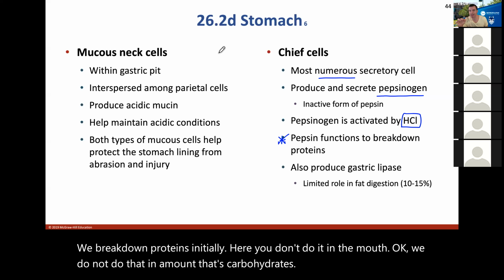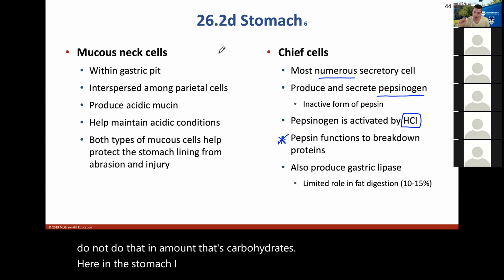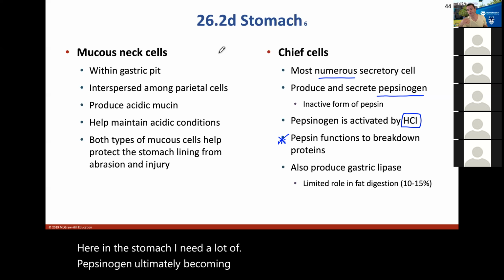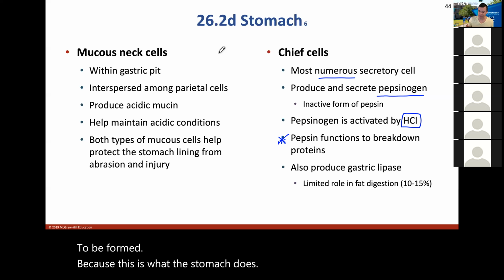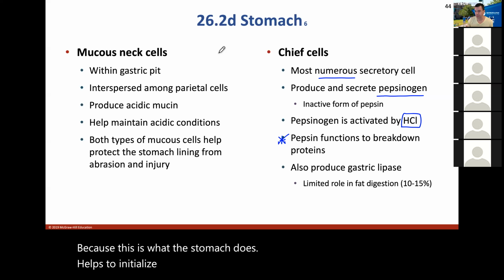Here in the stomach, I need a lot of pepsinogen, ultimately becoming pepsin, to be formed, because this is what the stomach does. It helps to initialize and start the process of protein breakdown.